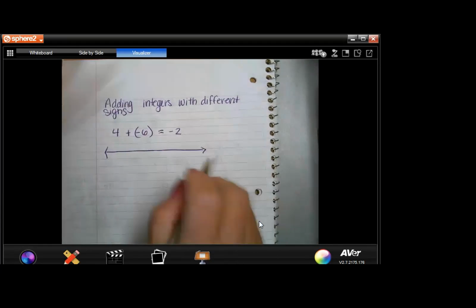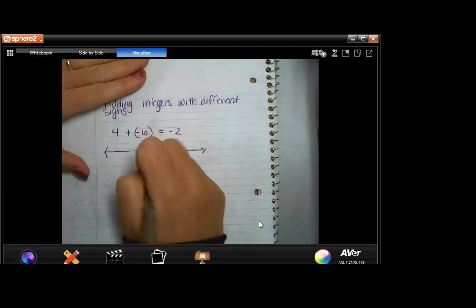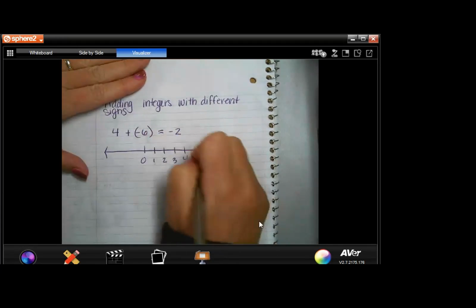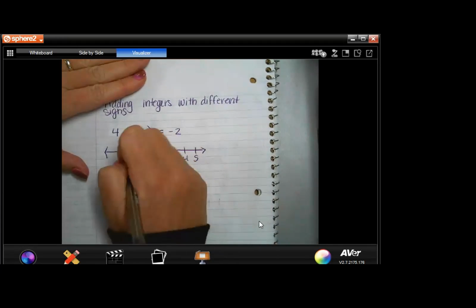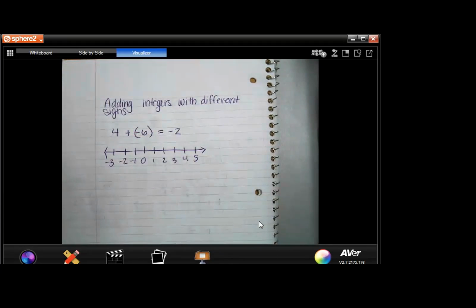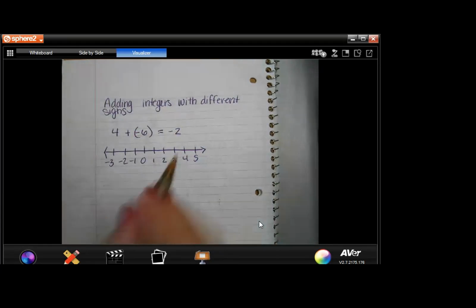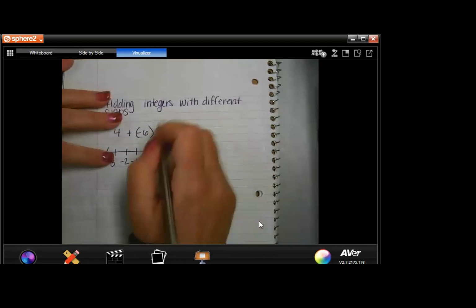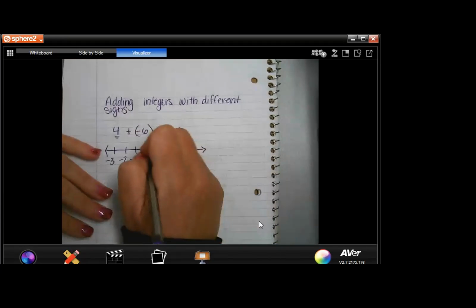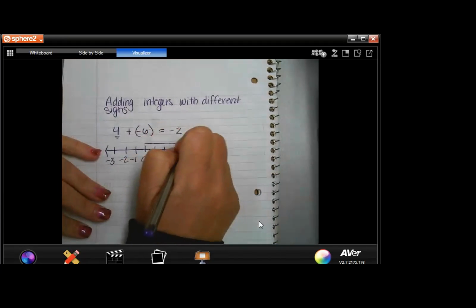On a number line, 0, 1, 2, 3, 4, 5, -1, -2, -3. Okay, so here's my number line. I always like to start at the number, but I'll start at 0. The first number is +4, so I'm going to start at 0 and go up to +4.